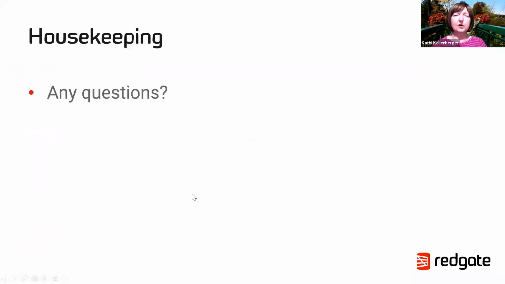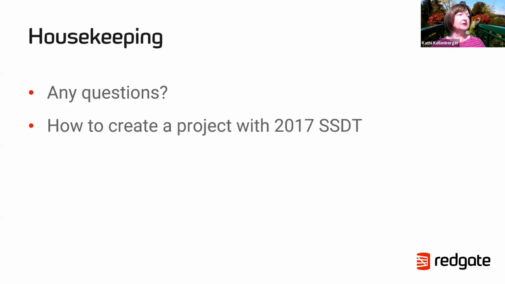So first of all, I don't think there's any questions. If there are, let me know. I do have a few housekeeping things from last week that I want to address. Even though I've been focusing on 2019 Visual Studio with the add-in, since it is harder to set up, there's an extra step.